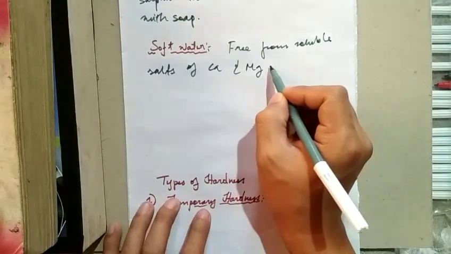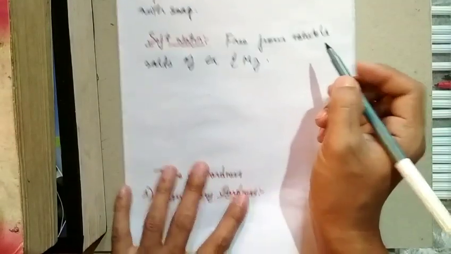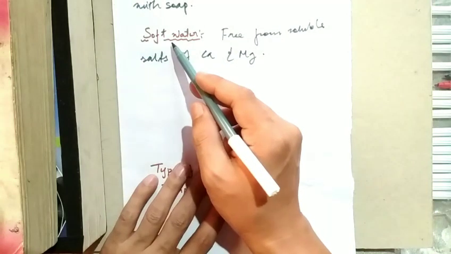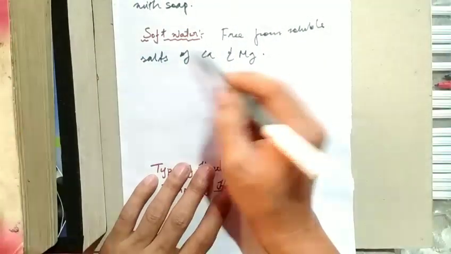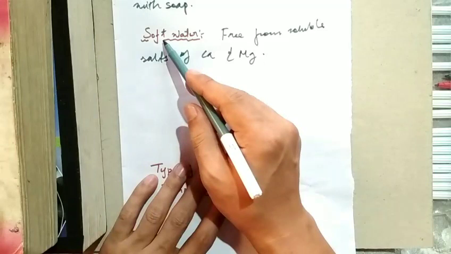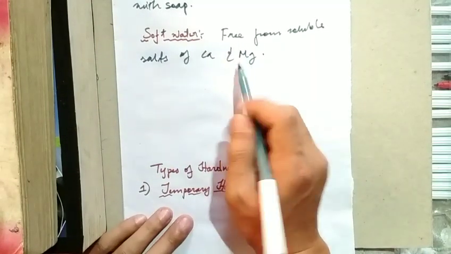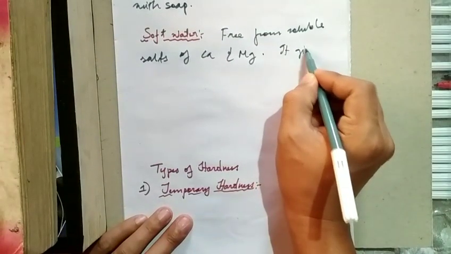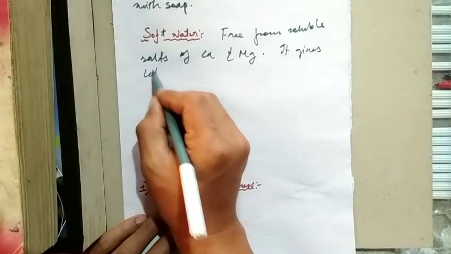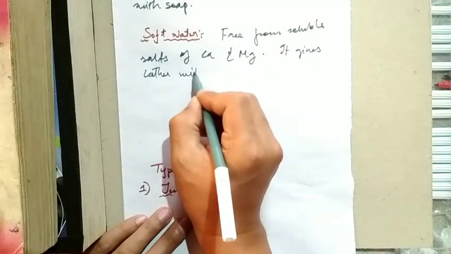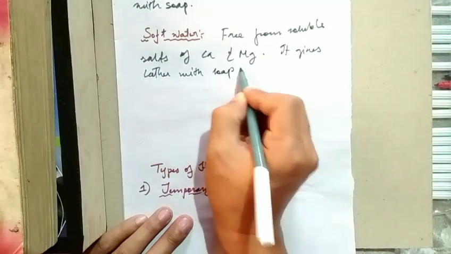I'm writing in short form. So water free from these salts, calcium and magnesium, is soft water. It gives lather with soap.